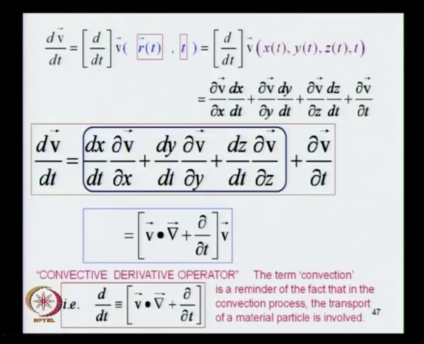So, that is how the convection currents are set up, and because it is that kind of motion which is coming into the picture, it is coming from this dx by dt, dy by dt, dz by dt, and it is because of this that this is known as the convective derivative. So, d by dt, this differential operator, is completely equivalent to this v dot del plus del by del t.